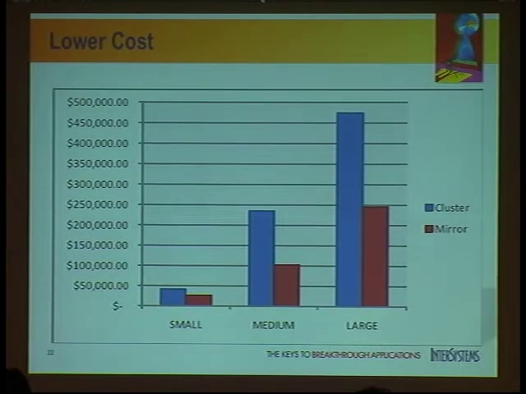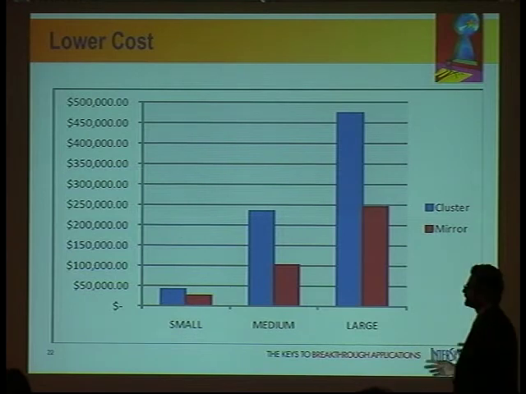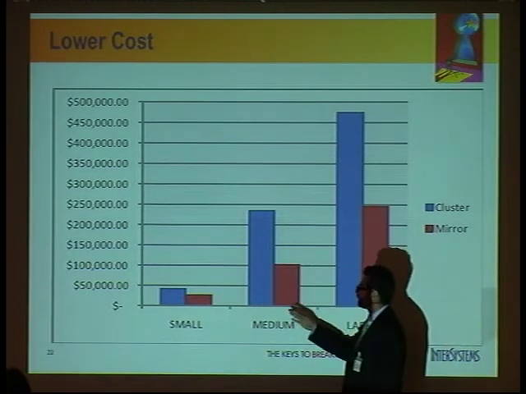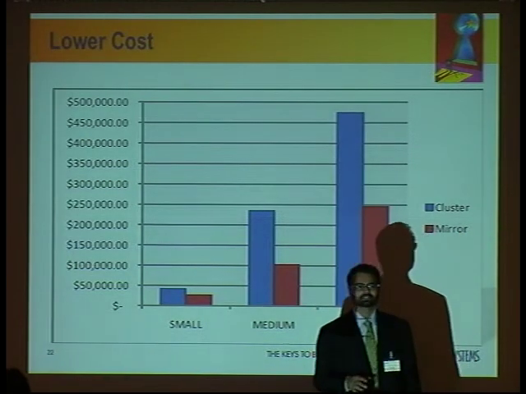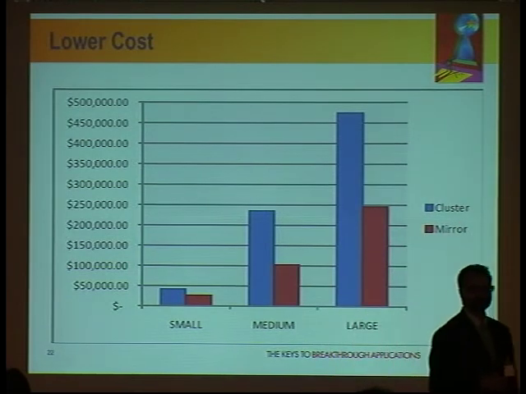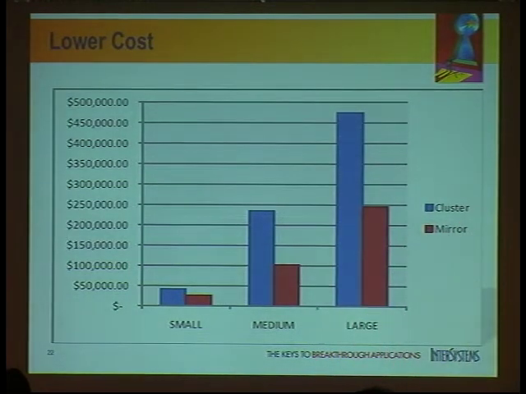We did a study. We took 3 actual real live TrakCare configurations from around the world. We classified them in small, medium, and large, depending on the number of episodes, number of admissions, et cetera, that they had. And the blue bars are their original configuration with OS-based failover clustering, so Windows failover clusters or IBM's PowerHA or HACMP as it was known, et cetera.